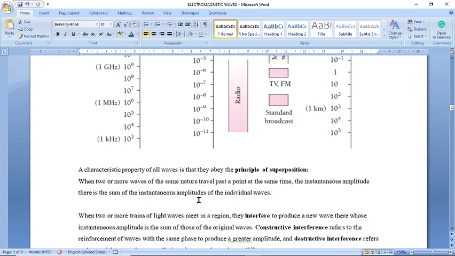The characteristic property of all waves is that they obey the principle of superposition. എന്താണ് superposition?